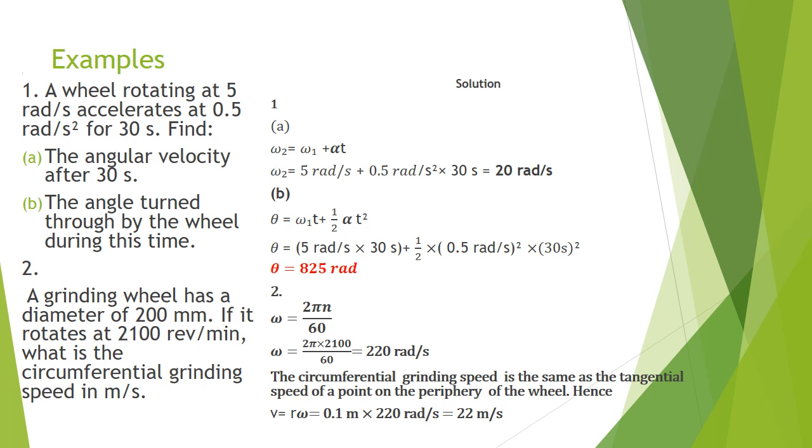We have been given the diameter, 200 millimeters, so we take it to meters by dividing by 1,000, which gives us 0.2 meters as the diameter. Since we are looking for the radius, we divide by 2, so 0.2 divided by 2 gives us 0.1, which is the radius. So 0.1 times 220 rad per second is equal to 22 meters per second.